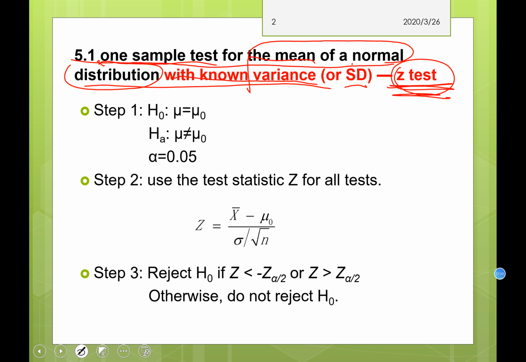So here, let's talk about the z-test for hypothesis testing first. We mentioned last class that all the methods of hypothesis testing follow the same procedure, step 1, step 2, step 3.